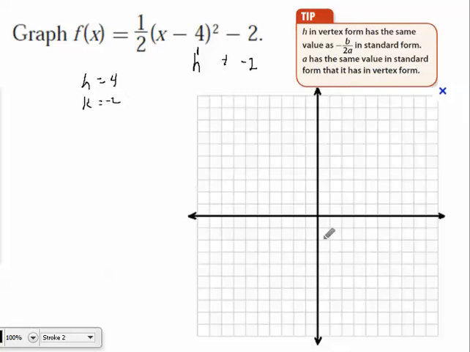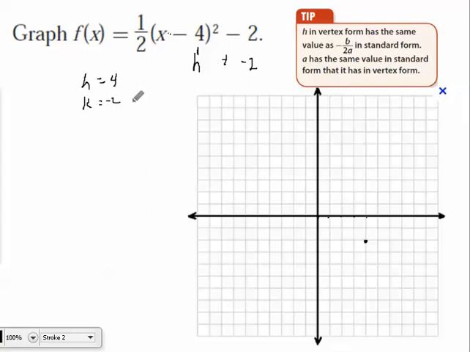So I'm going to start right here at the origin, because that's my parent function, and I'm going to move over 4, 1, 2, 3, 4, down 2, 1, 2. That is the vertex of this particular graph. That's how you find that. It's really that simple to find the vertex of the graph.